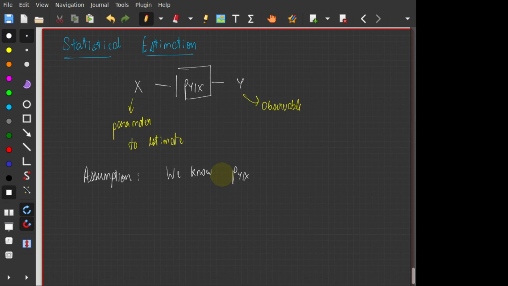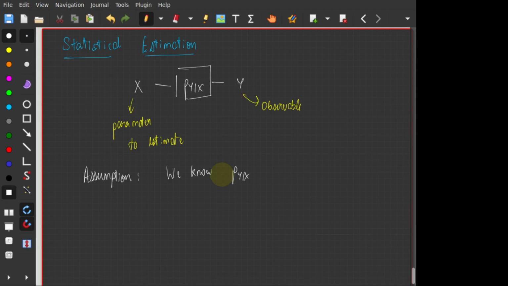Yes, communication. So this Py given x, correct. It is obtained through some measurements, or typically you have a model for the system, depending on what kind of a channel you have. So for example, in point-to-point wireline communications, you generally assume that Py given x is basically a conditional Gaussian.